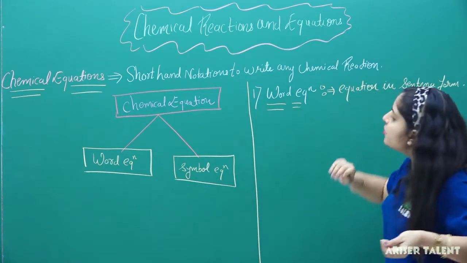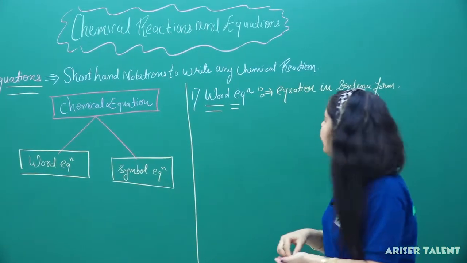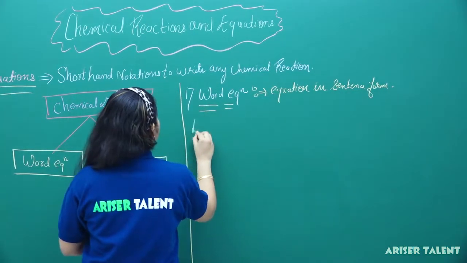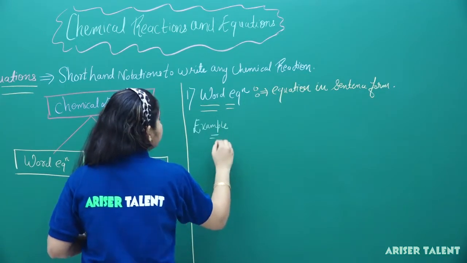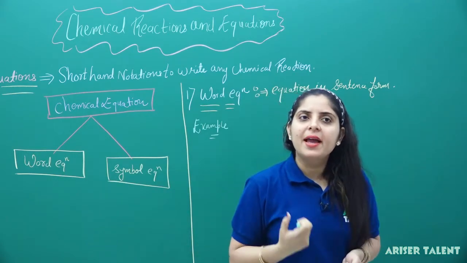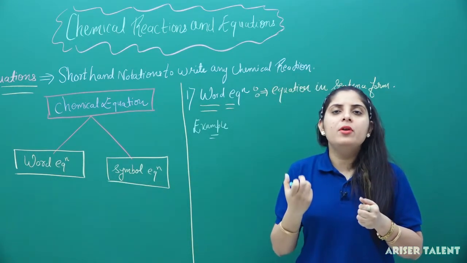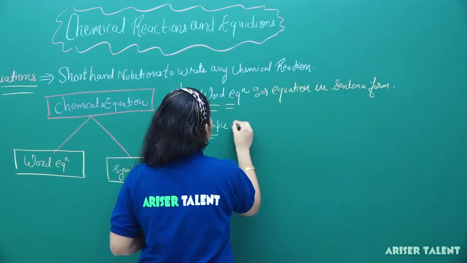Word equation will be more clear with the help of an example. Suppose magnesium ribbon is burned in the presence of oxygen. What actually will we get? We will get a white powdery substance, which is magnesium oxide. So, what is the word equation?